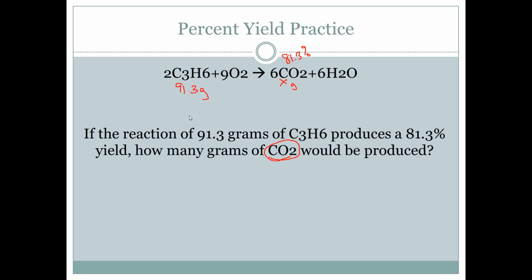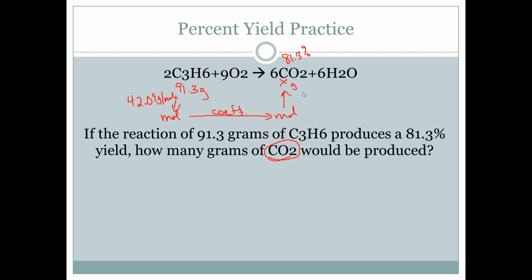Moles are the end caps. Grams to moles. Looking at the periodic table, 3 times 12.01, 6 times 1.01 comes out to be 42.09 grams per mole. 1 times 12.01 plus 2 times 16.00 comes out to be 44.01 grams per mole.